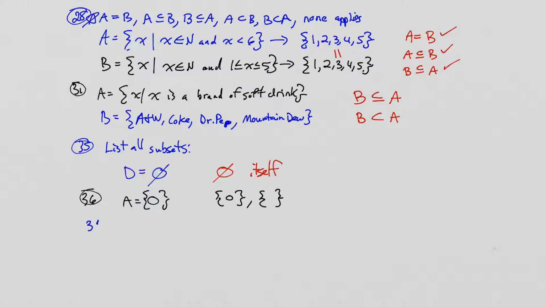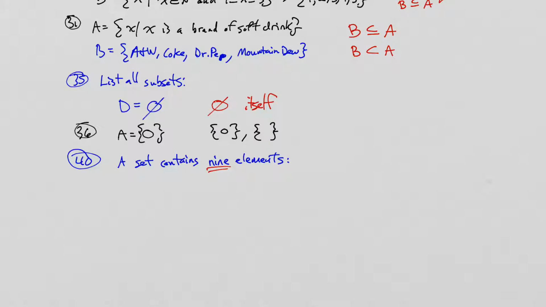Let's do 40. A set contains 9 elements. Okay. And it doesn't really matter what they are. The fact is, you know how many elements it has.